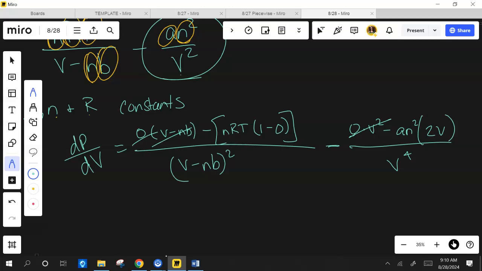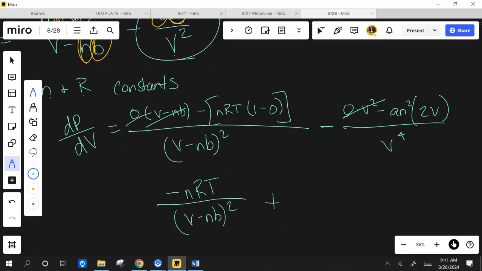I've got negative nRT over, actually plus minus the negative. 1 minus 0 is 1.